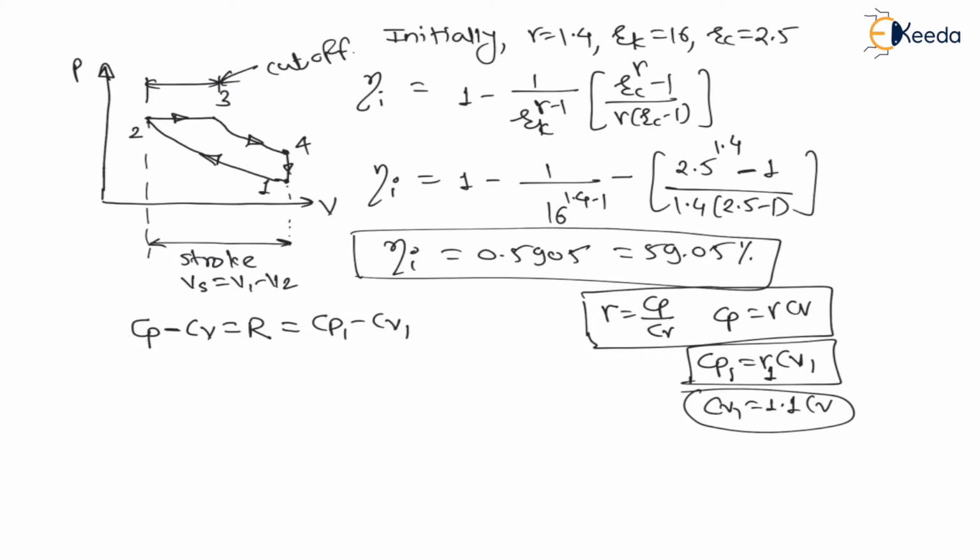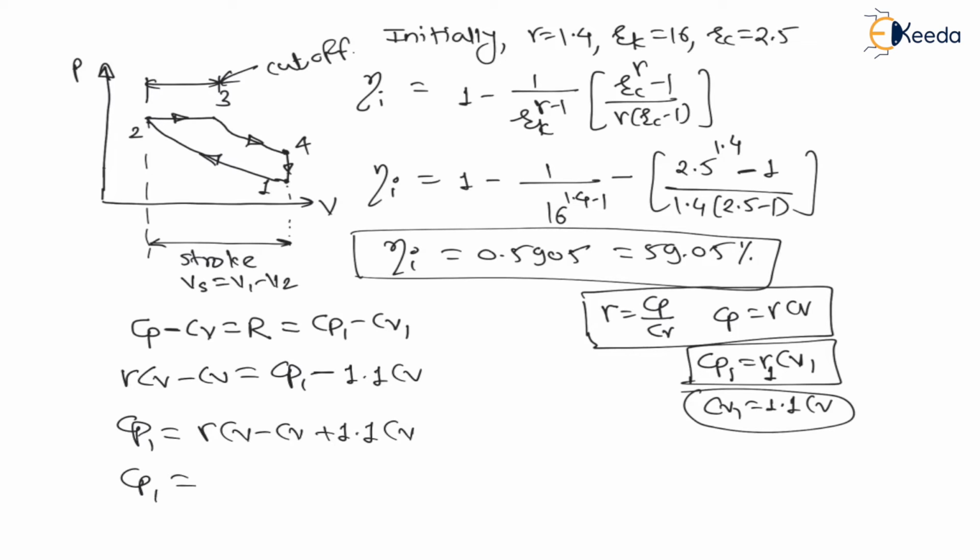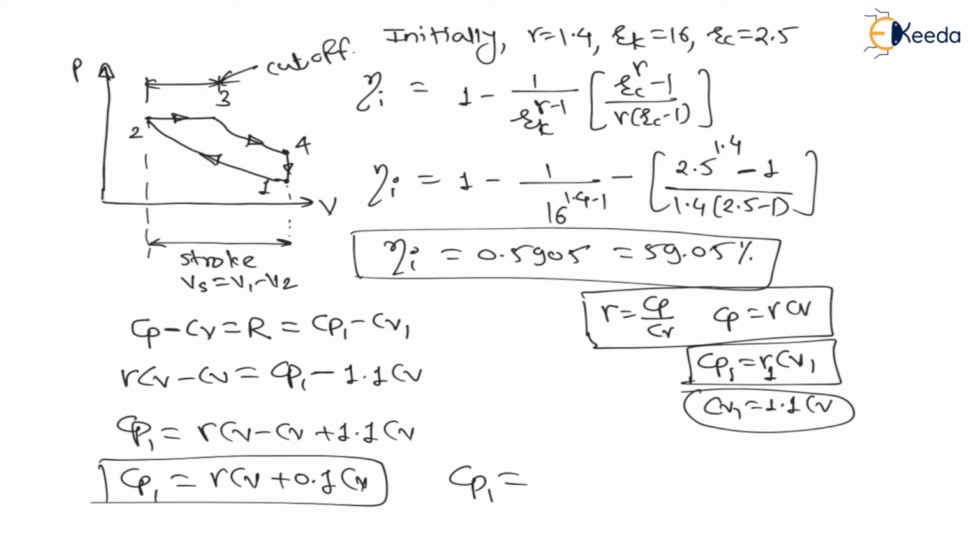Therefore gamma Cv minus Cv is equal to Cp1 minus 1.1 times Cv. So let us find Cp1 here. Cp1 is equal to gamma Cv minus Cv plus 1.1 times Cv. Therefore Cp1 is equal to gamma Cv plus 0.1 Cv. If I take common Cv in this equation, then Cp1 becomes Cv in bracket, gamma plus 0.1.